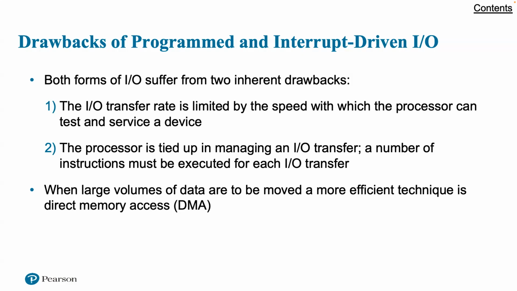Interrupt IO frees up the processor to some extent, at the expense of the IO transfer rate. Nevertheless, both methods have an adverse impact on both processor activity and IO transfer. When large volumes of data are to be moved, a more efficient technique is required, which is direct memory access.